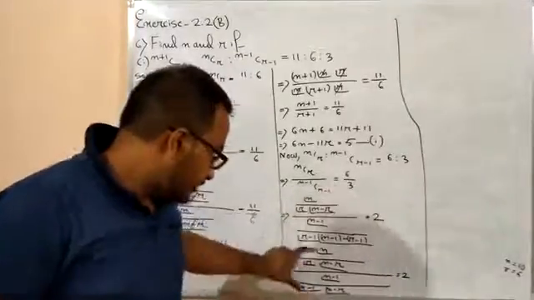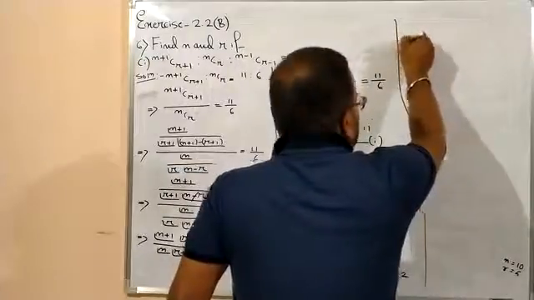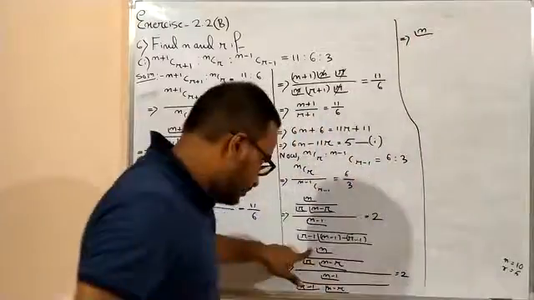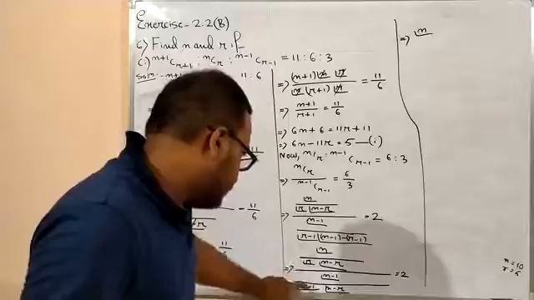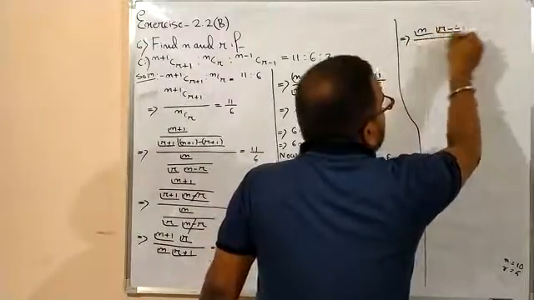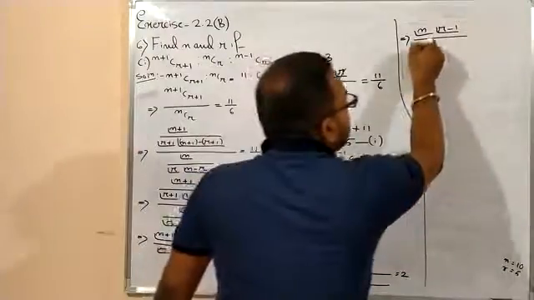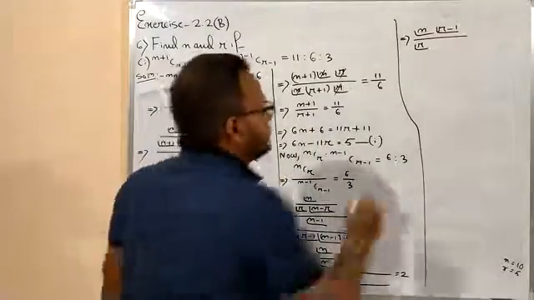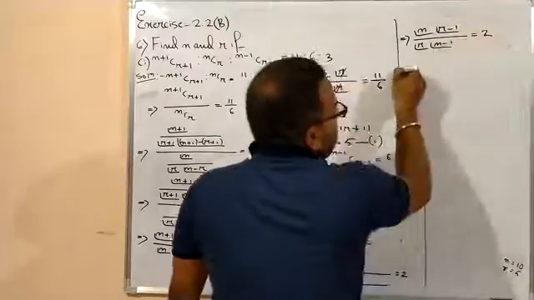Okay. Now this ratio becomes factorial n into factorial r minus 1 divided by factorial r into factorial n minus 1 equals to 2, right?